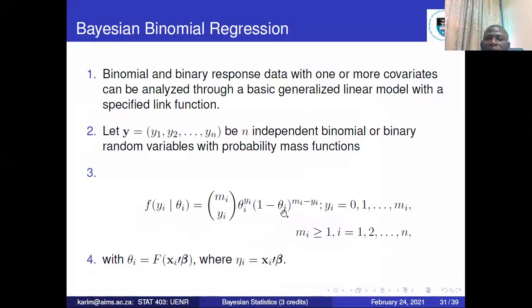We represent that by eta, which is given by this. So in effect, we can write this as theta equals f of eta. So this is just going to be a function of eta, where eta is the linear combination of the parameter estimates.